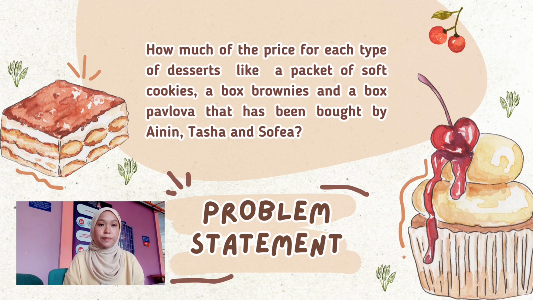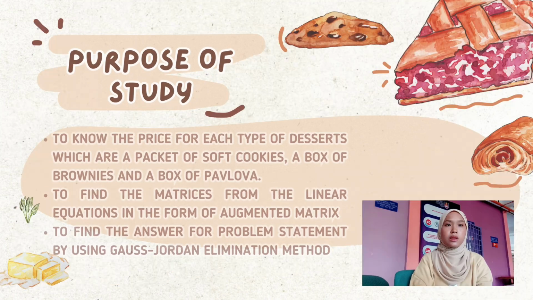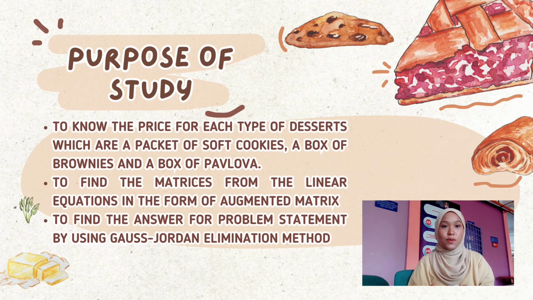Next, we move on to the problem statement for this case study. How much is the price of each type of dessert, a packet of soft cookies, a box of brownies, and a box of pavlova, that has been bought by Annie, Tasha, and Sophia? So, what is the purpose of this study?